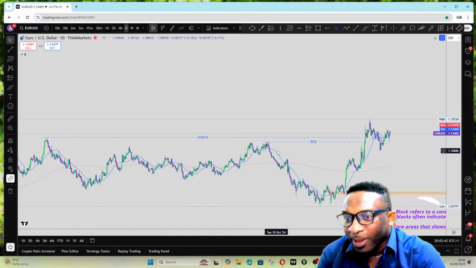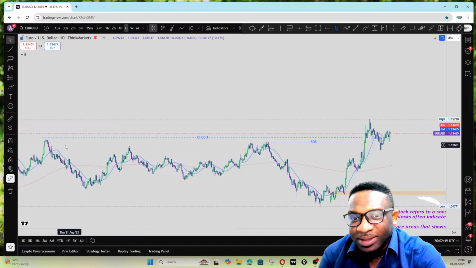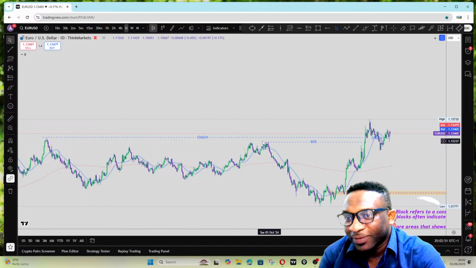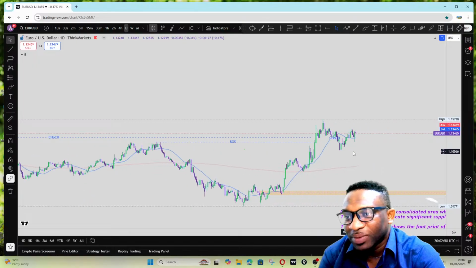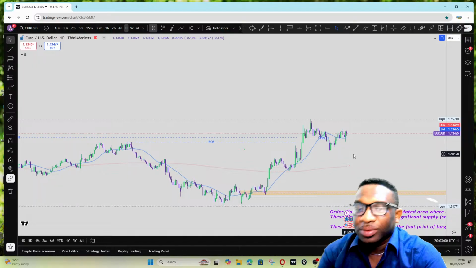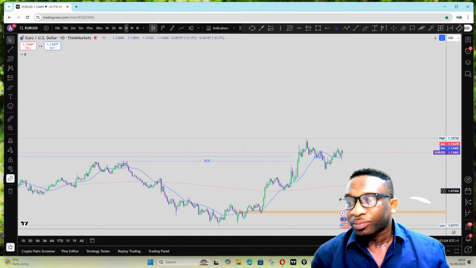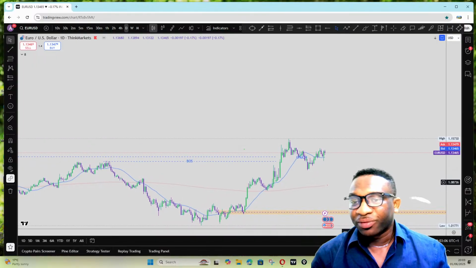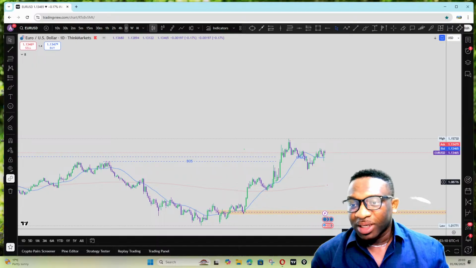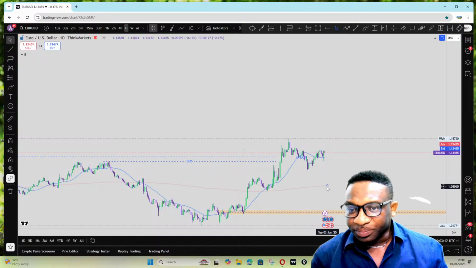As price began this move up, its aim was to clear this liquidity, and after clearing all this liquidity and making a new high, it began another move to the downside. These are the reference points I use in taking my trades.